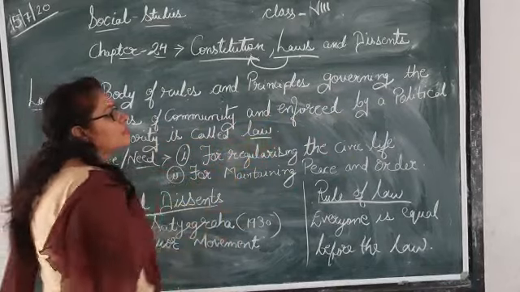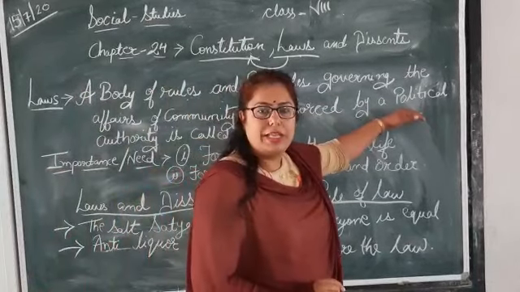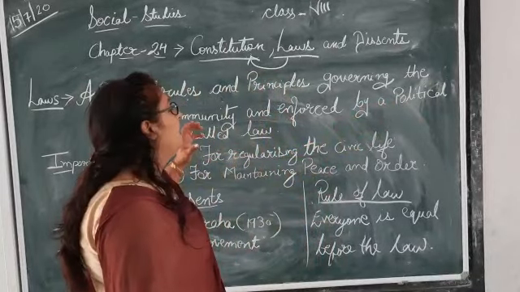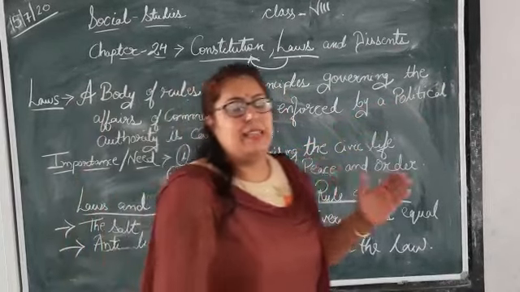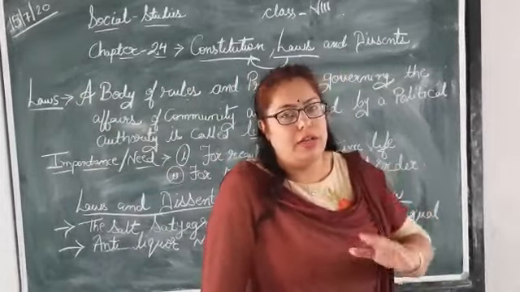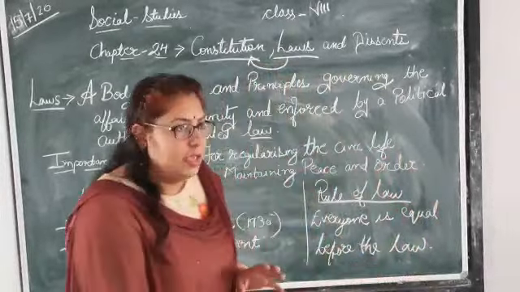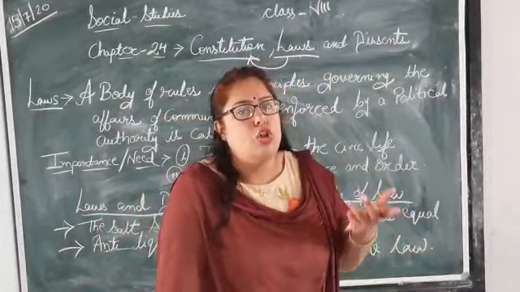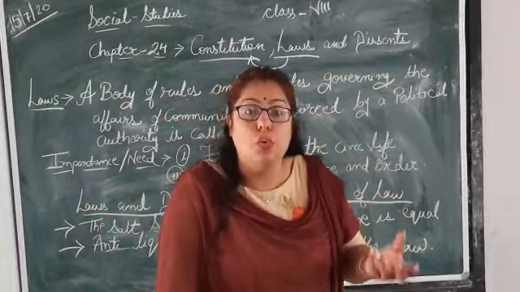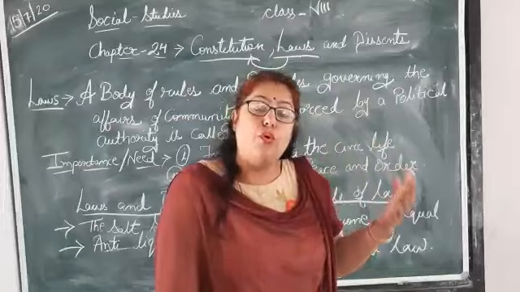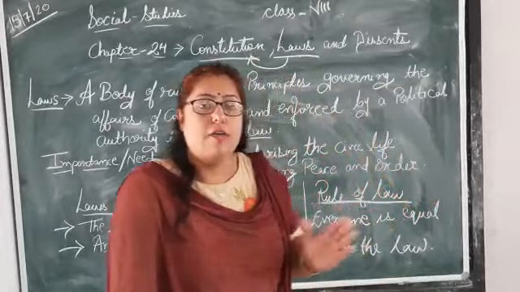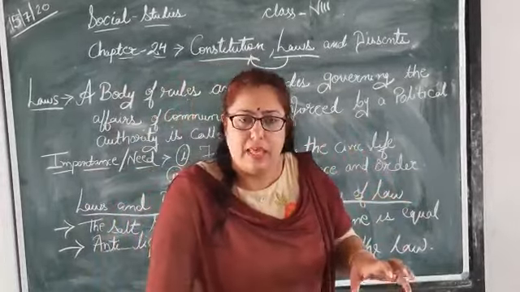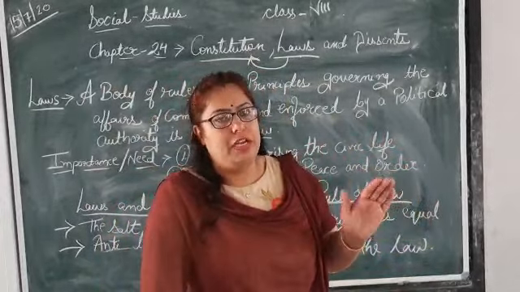These laws are made by our political authorities, by our government, for maintaining peace and law and order in a society, in a country. These are certain legal principles. Laws are certain legal rules and principles that are enforced by our judiciary, and made mandatory or compulsory for the citizens of a nation.